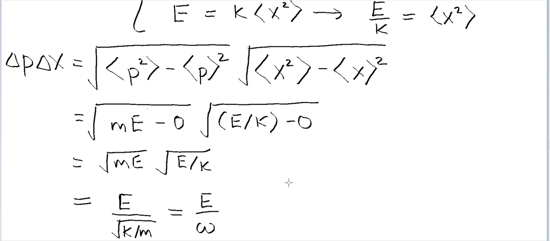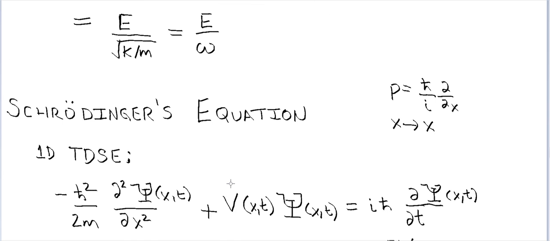But that's just a reminder of classical physics. So in quantum mechanics, we're going to define the momentum operator as h bar over i times d dx, and we'll let x go as x.